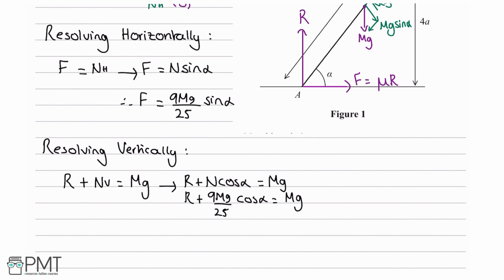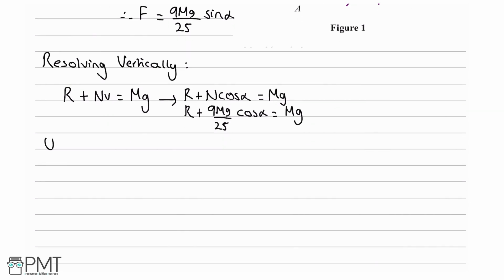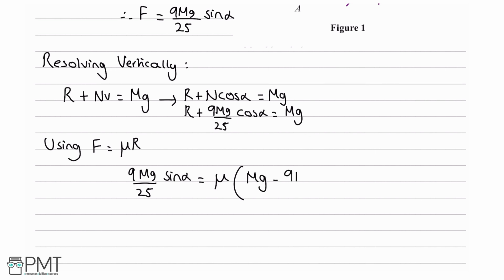So using F equals mu R, 9 mg over 25 sine alpha equals mu times... Now to find R, we subtract 9 mg cosine alpha over 25 from both sides. So this will equal mg minus 9 mg over 25 cosine alpha, which is something like that.